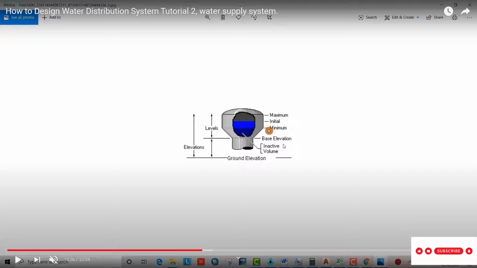Minimum level is the level of the pipe which takes water from the tank for the residential area. Then there is inactive volume, which is the volume below the minimum level. The volume stored below the minimum level is a good idea to clarify water from any small particles in the water. It's like filtration. Instead of going to the residential area, they can sediment in the inactive volume.